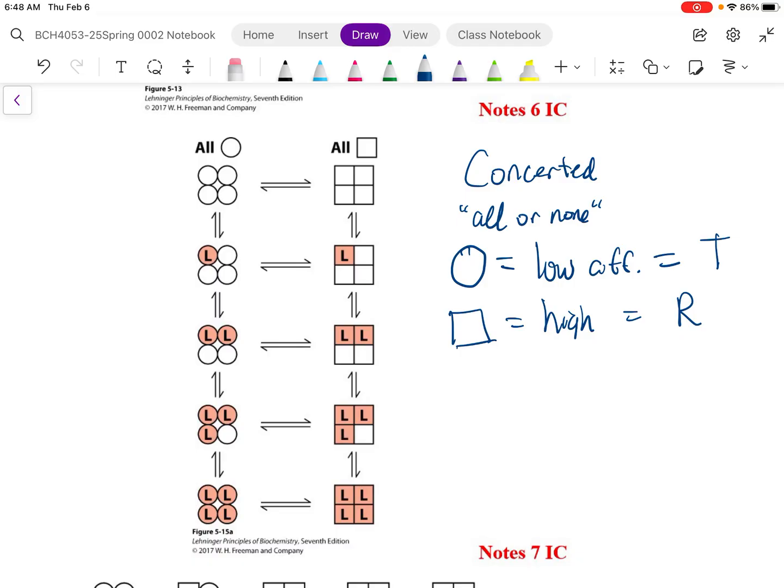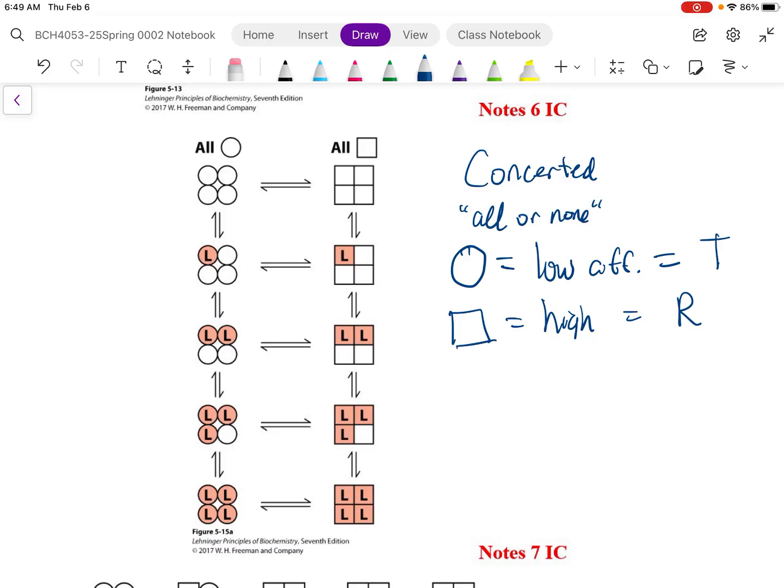But this slide kind of implies that the alpha state changes conformation from a circle to a square. There might be some truth to that, but this model is talking about the conformation of each subunit. So let's just talk about this model and not necessarily relate it back to hemoglobin, even though it might work a little bit.